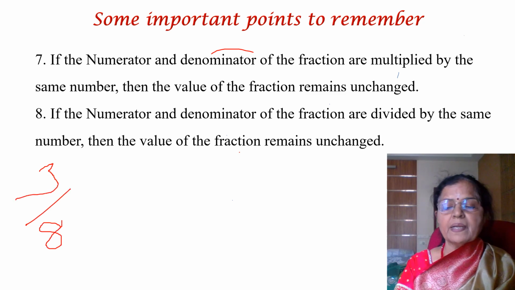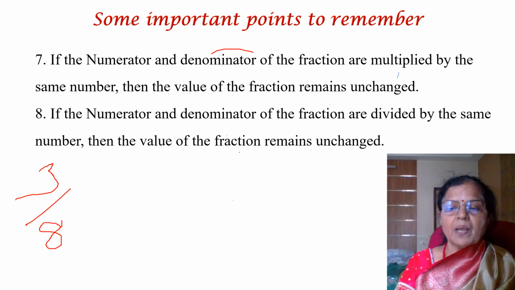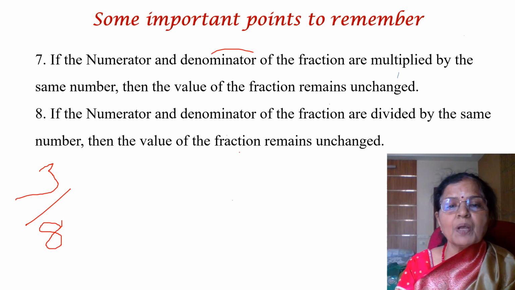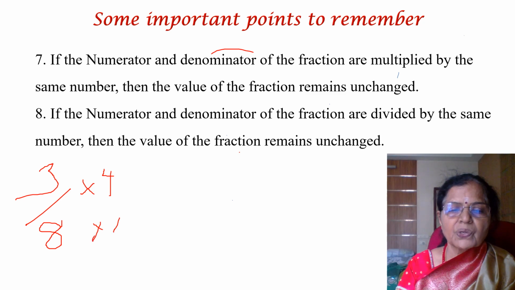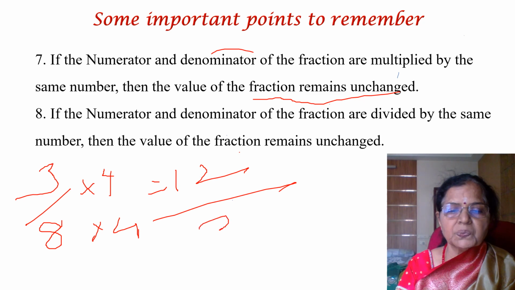3 is the numerator and 8 is the denominator. If they are multiplied by the same number, so both the numerator and denominator we are going to multiply by 4, 3 into 4 and 8 into 4, then the value of the fraction remains unchanged. 4 3s are 12, 8 4s are 32.